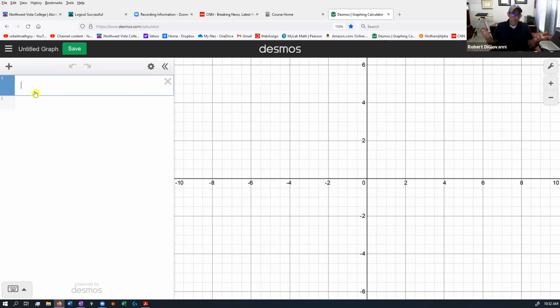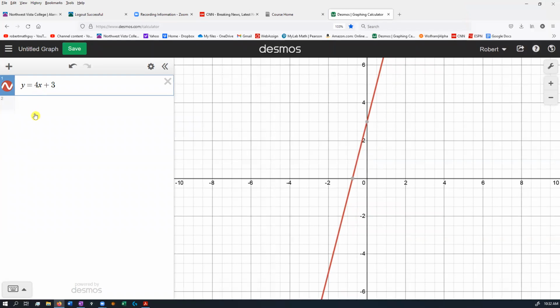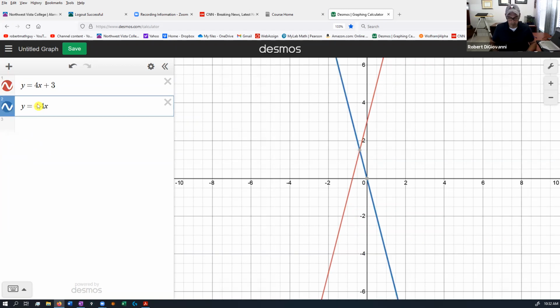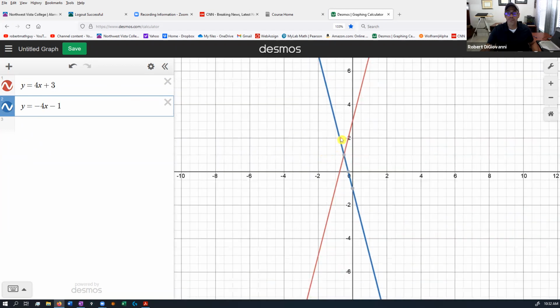Okay, so just so you believe me, I'm going to graph y equals 4x plus 3. What's the slope of this line? 4, right? So we thought maybe if we did -4, we would get perpendicular, right? Let me show you. If I do -4, can you all tell these are not perpendicular to one another?